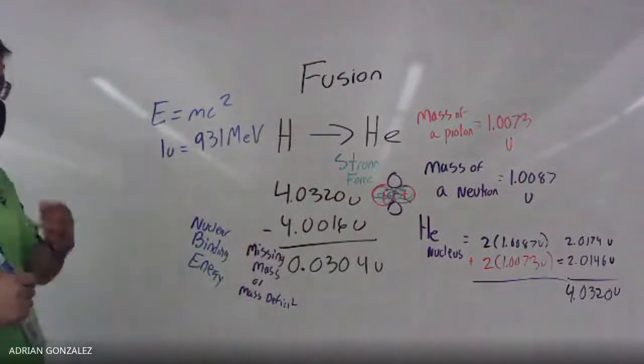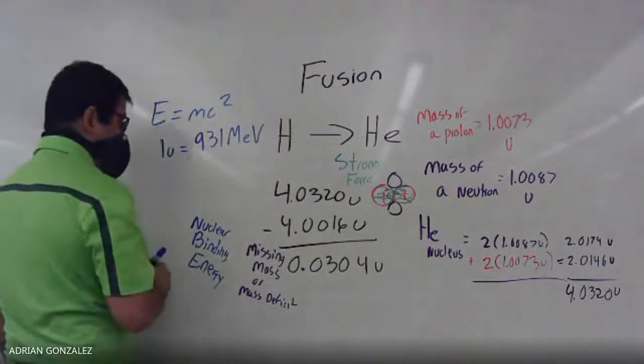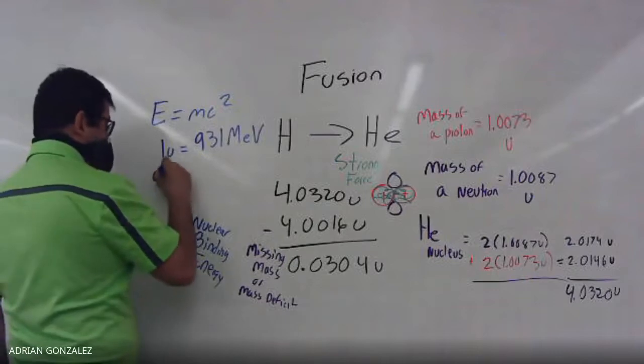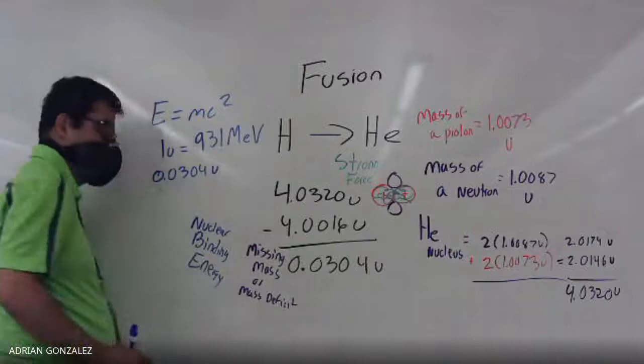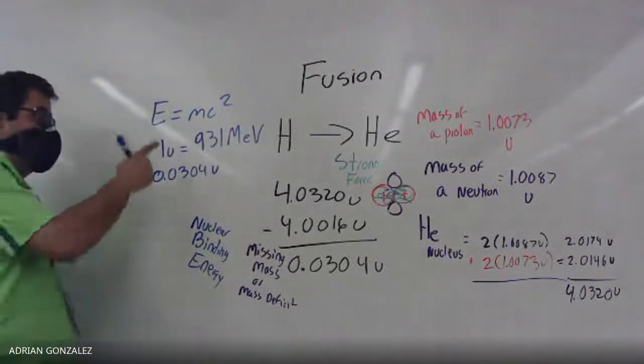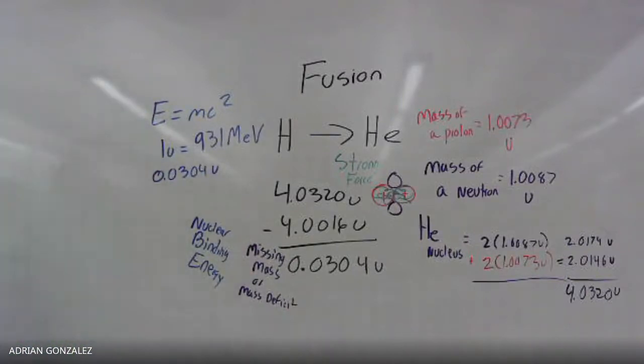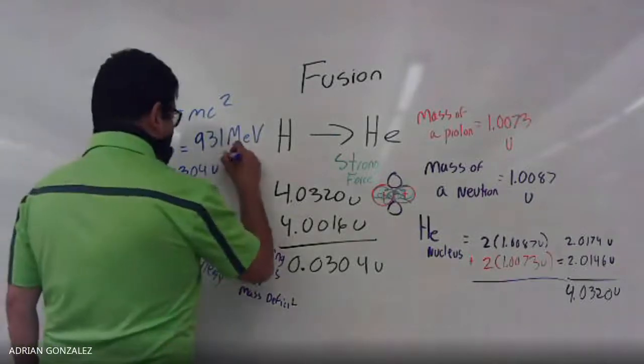So how much binding energy do I have? Well, I have 0.0304 missing mass. Convert that to mega electron volts. How? Multiply.